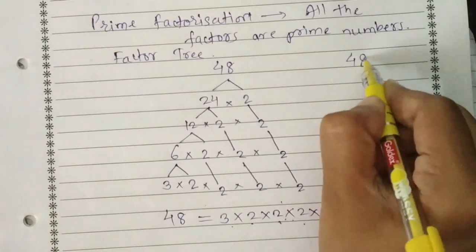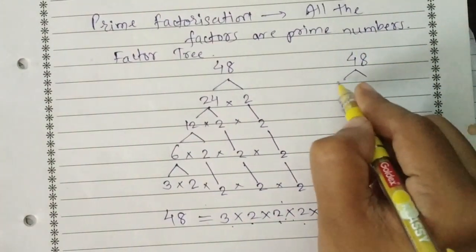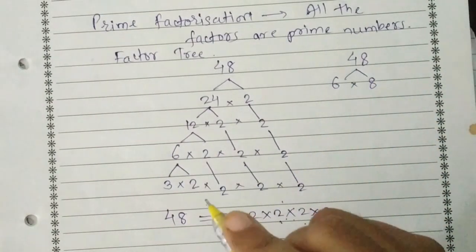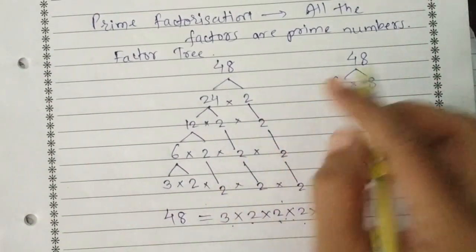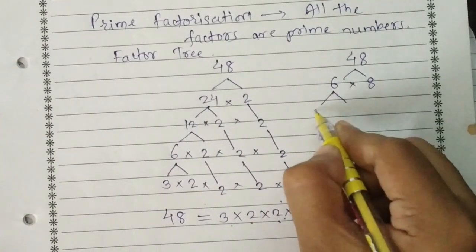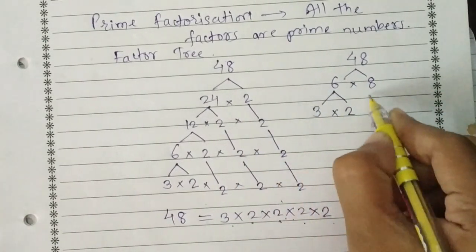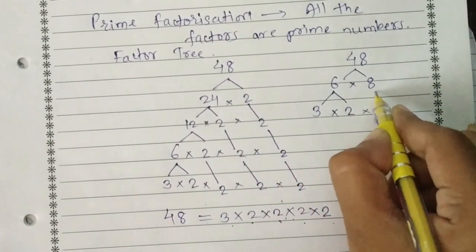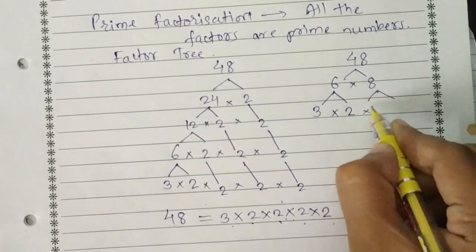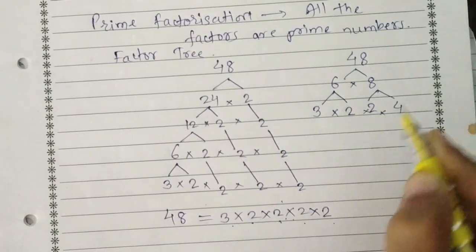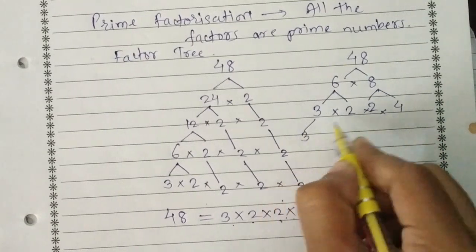For example, I can take 48 as 6 eights. 6 and 8 both are composite. Take here 6 as 3 twos, and then this 8 you can take as 2 fours. This 3 you copy as it is.